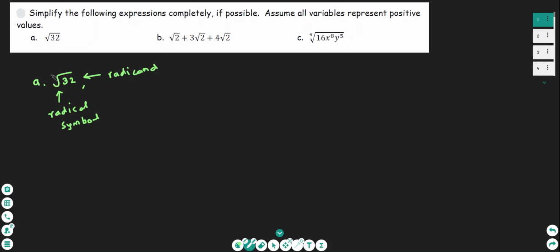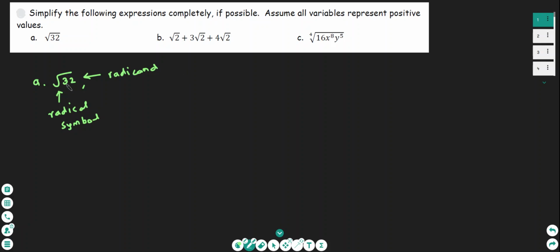So here the index is not shown. Usually it will be written as 2 or 3. Since it is not written here, it is understood that the index here is 2, which means the radical is otherwise called square root of some number. So let's see how to simplify the square root of 32.